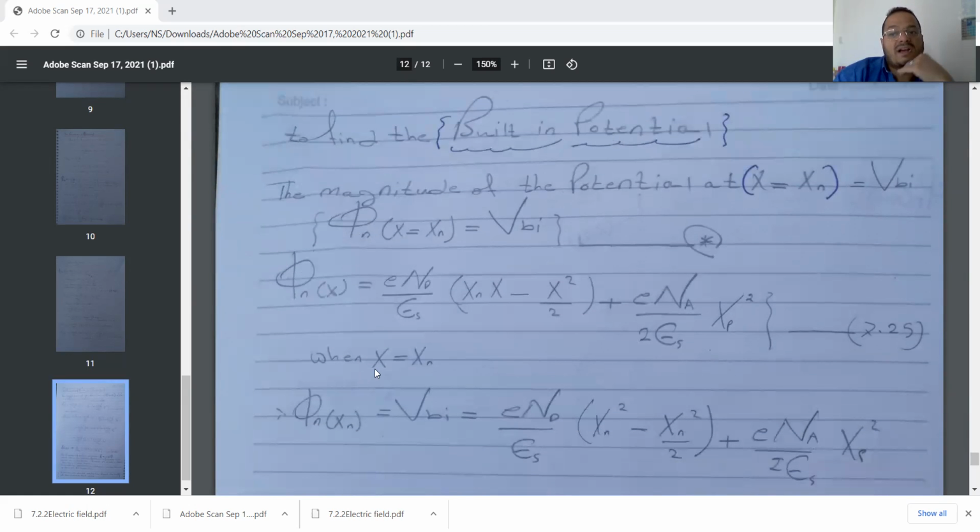Now let's apply x equals x_n and calculate what the result of the built-in barrier potential will be.